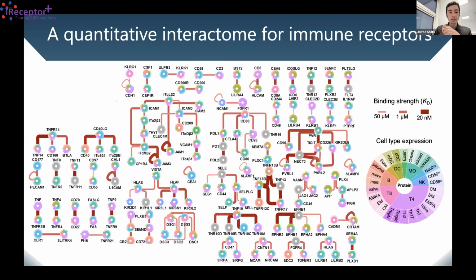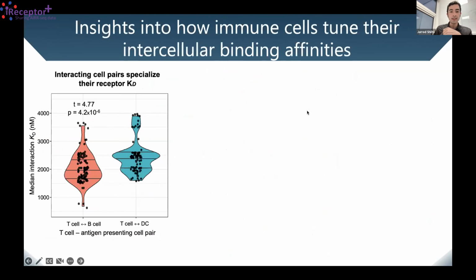To my knowledge, this is a somewhat unique resource, to have that measured so comprehensively across more than 100 different receptors and their interactions. With a quantitative resource as a baseline for what happens in the immune system, it opens up a whole range of interesting analyses, and not just analyses, but mathematical models, as I'll illustrate in a second.